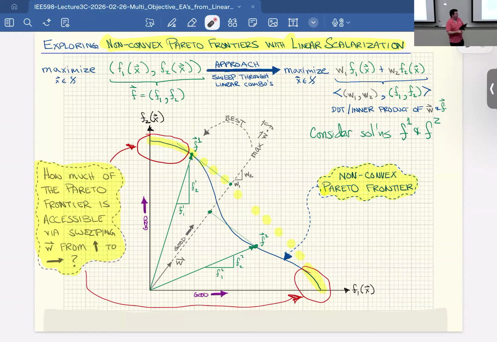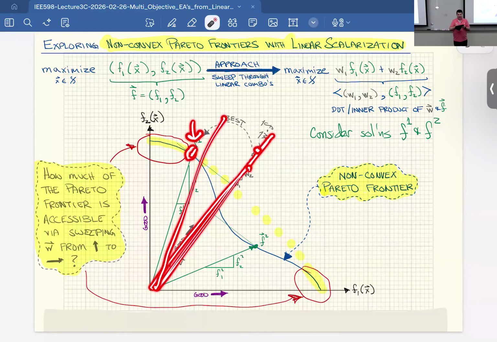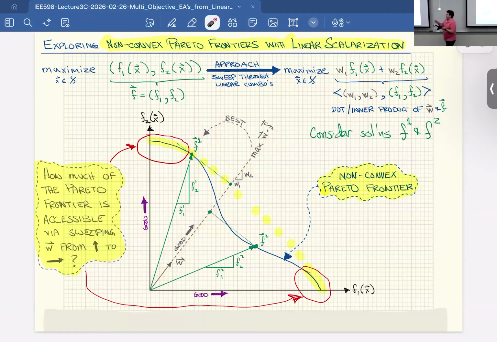That's a great question. For this trade-off, this ends up being the maximum. This would be the point that is found. If I configure W1 and W2 for just that subproblem, it would find this point right here. But if I configure W1, W2 to be a different W1 and W2, then it would give me a different line, and for this line, this would be the one you'd find. That's what's sweeping these things around.